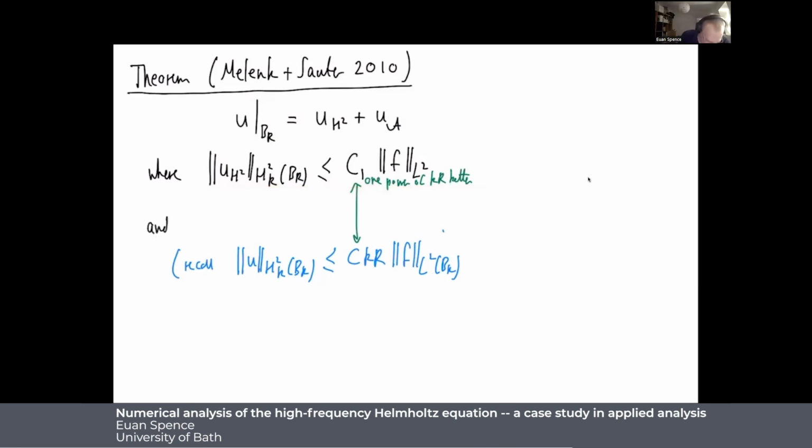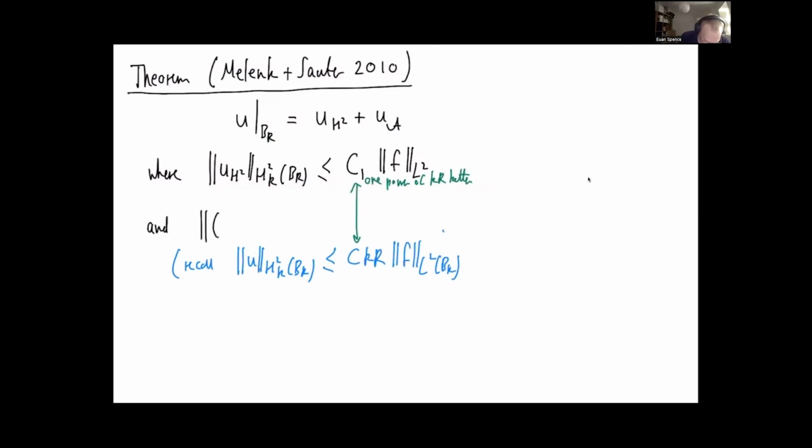And U calligraphic A, this function is analytic, and it satisfies these derivative bounds. Because I want to be careful about constants, I'm going to have the bounds on the alpha derivative, weighted by K, measured in L2.